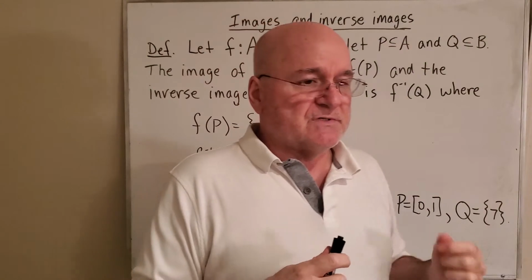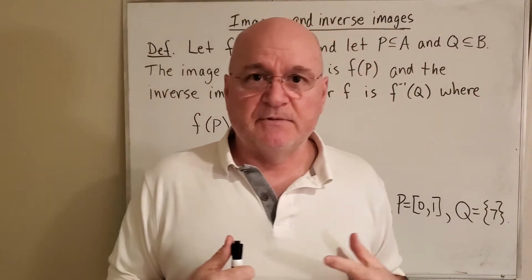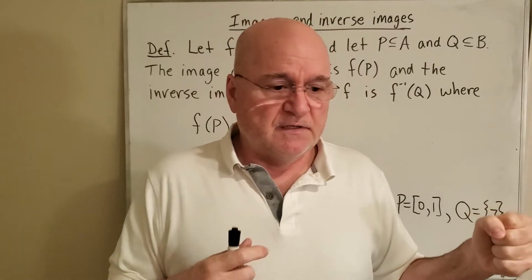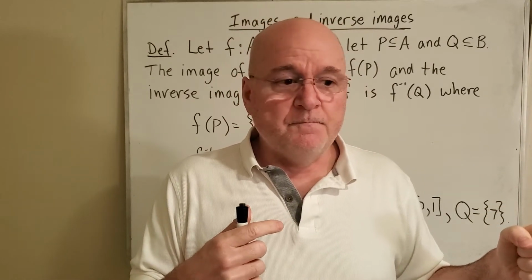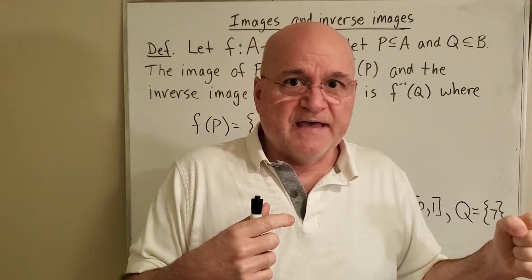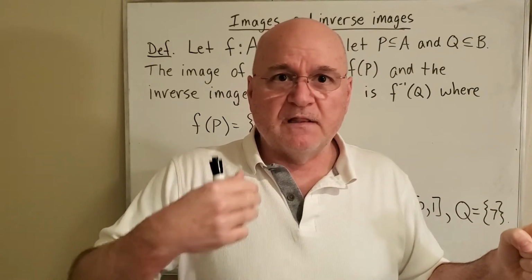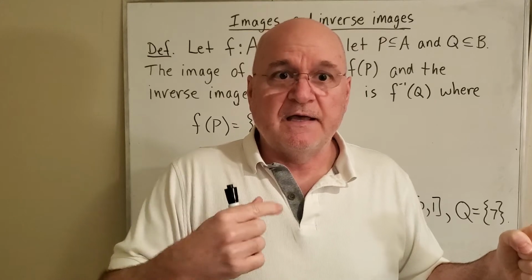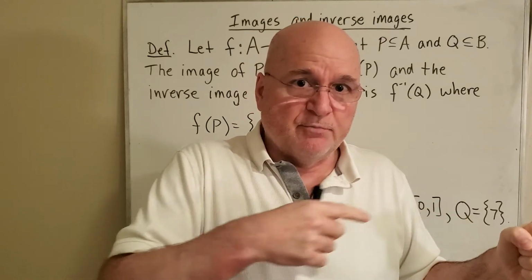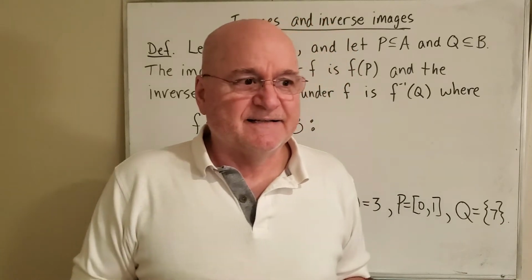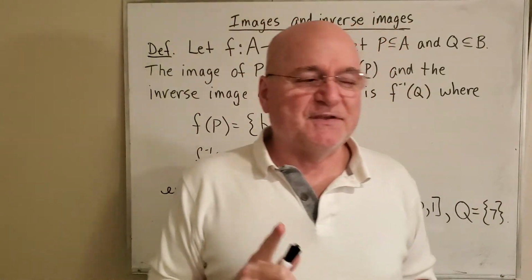But we're going to introduce now something called an inverse image as well. That's going to be a set in the codomain, and what it is, the inverse image of that set is all of the elements in the domain that map to a point in that set. So it's a little different than you might suspect.